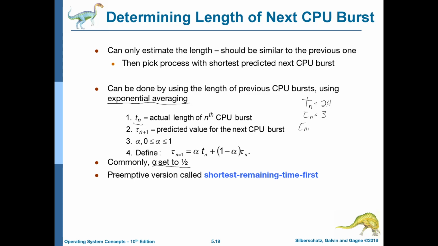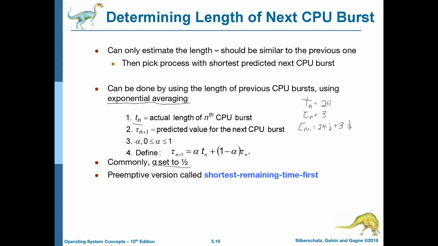What's going to happen is it's going to take half of this value, so tau of n plus 1 is going to be 24 times 1/2, plus 1 minus 1/2, which is, again, 1/2, times tau of n.